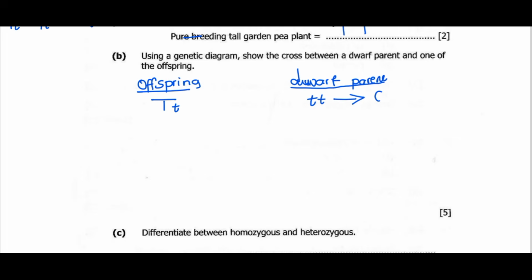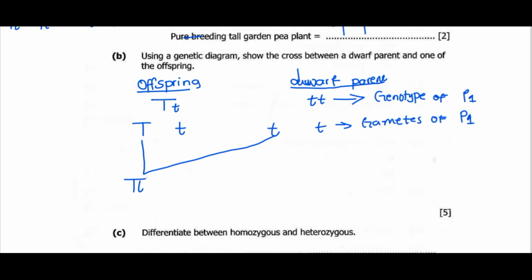Then here we'll say genotype of first parental generation. Then from there we can separate this. Then these will be called gametes of first parental generation.